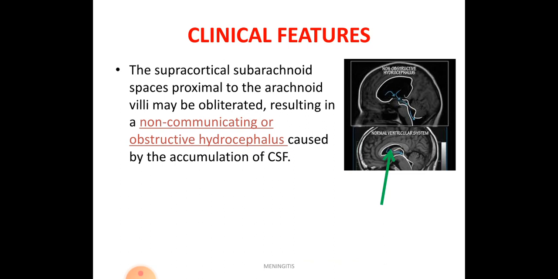But as the CSF is not getting a proper way out through the foramen of Magendie, foramen of Luschka, foramen of Monro, or the cerebral aqueduct of Sylvius, the CSF will start accumulating and you will have ventricular dilatation. Definitely, if the ventricles are dilating, there will be compression of brain tissue, because the brain is compressed against the bony skull. The bony skull will not allow further room for expansion. Clear? So outside is limited, the brain cannot expand outside.